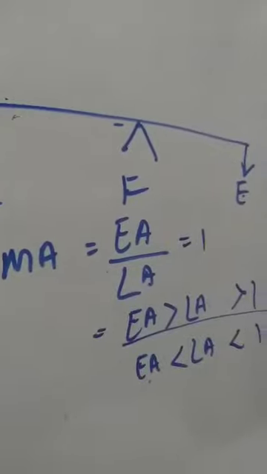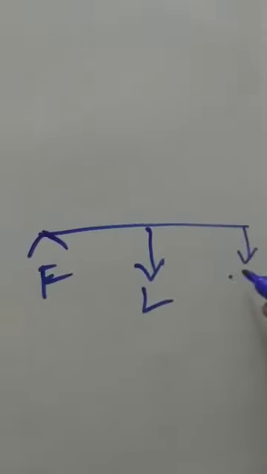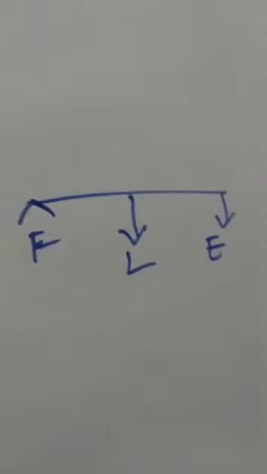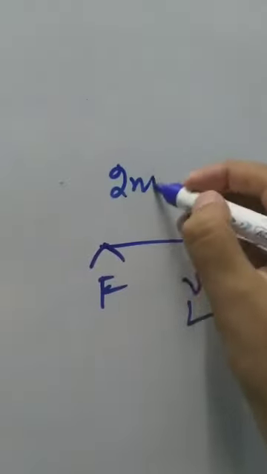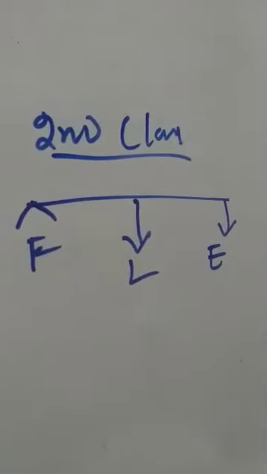Then if the load lies between fulcrum and effort, fulcrum is there, load is there, and effort is there. So this is a schematic diagram for second class lever. So here load is between fulcrum and effort.